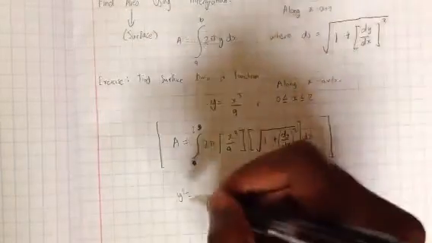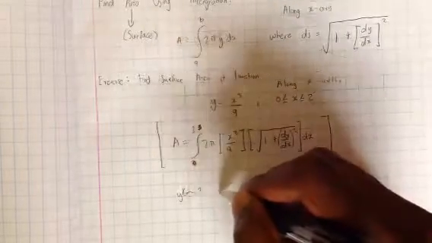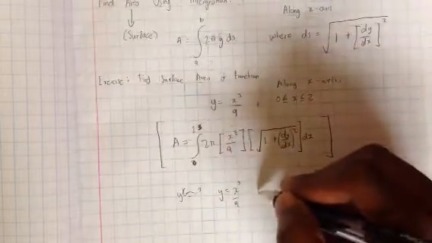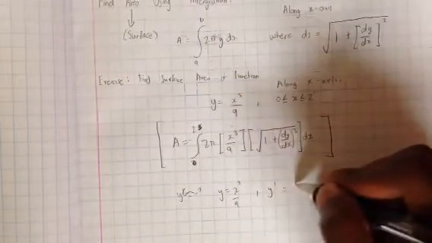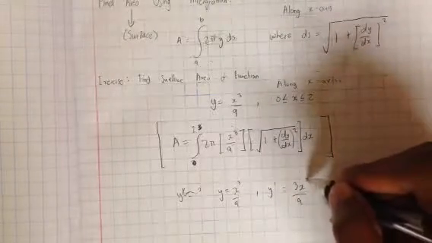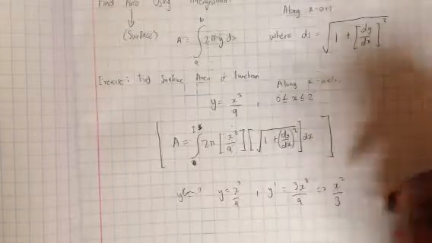Let me write y equals x cubed over 9. That means y dash will be 3x squared over 9, and that will give us x squared over 3.